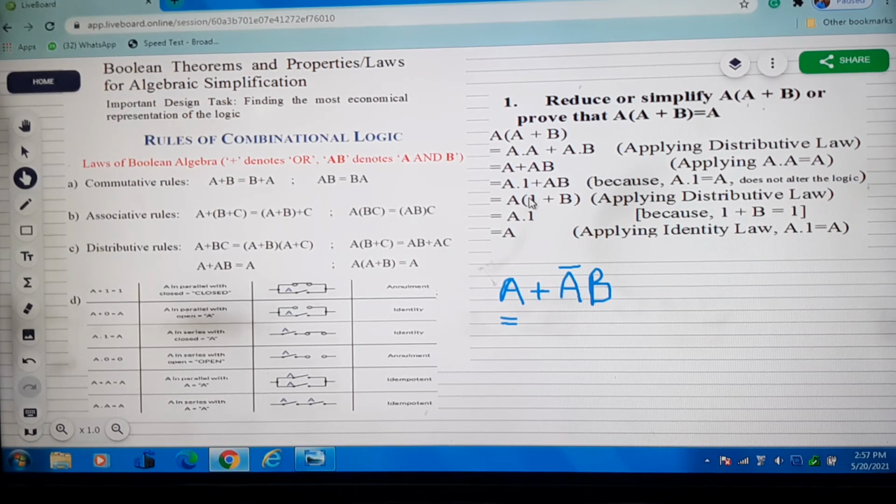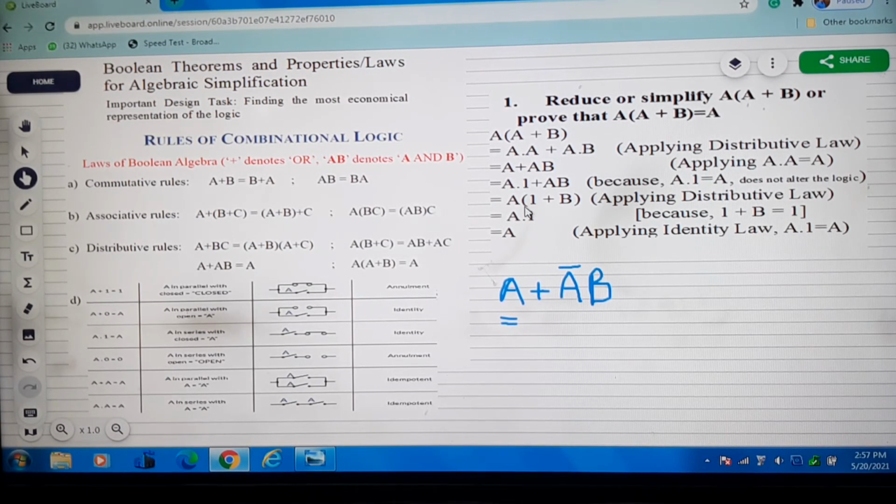Now, multiplying a variable with 1 plus B does not make any difference because 1 plus B is always equal to 1. So, when 1 plus B is equal to 1, this is the annulment OR law.